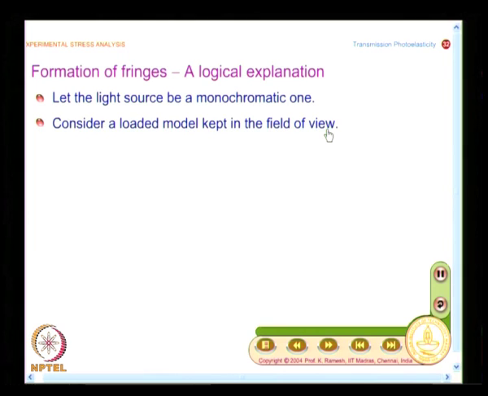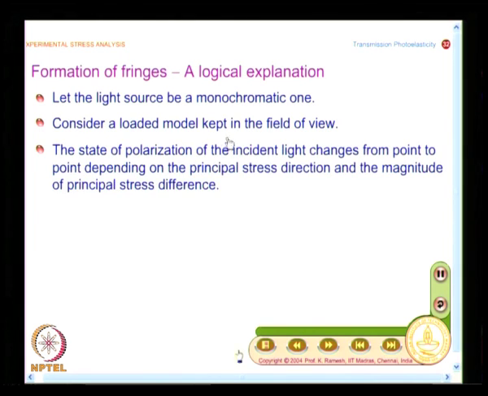And I have a model which is loaded, which is kept in the field of view. And what do you anticipate? Because the model is loaded, the state of polarization of the incident light changes from point to point depending on the principal direction and the magnitude of the principal stress difference.